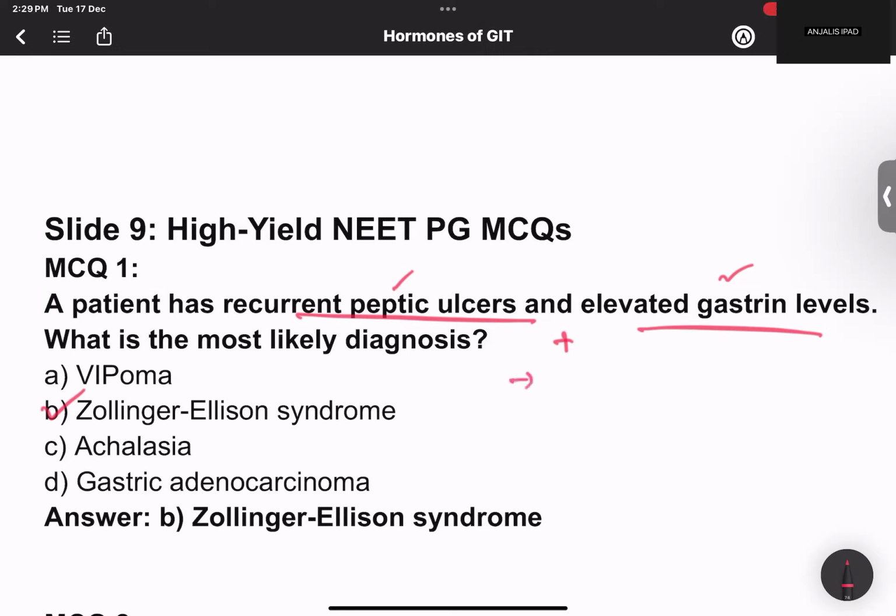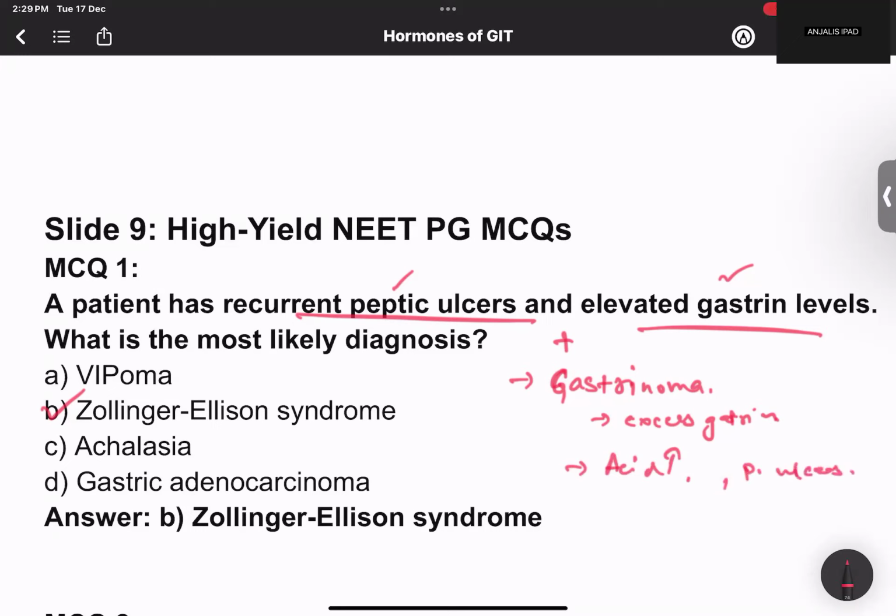So this is caused by a gastrinoma. Gastrinoma will secrete excess gastrin, and this leads to acid hypersecretion and peptic ulcers.